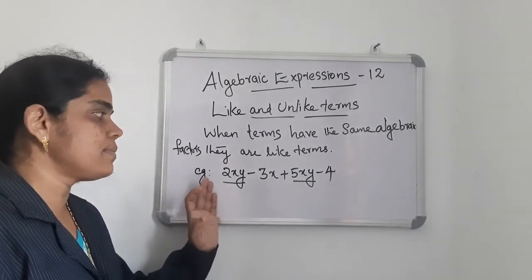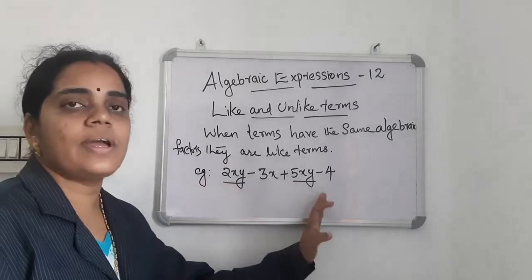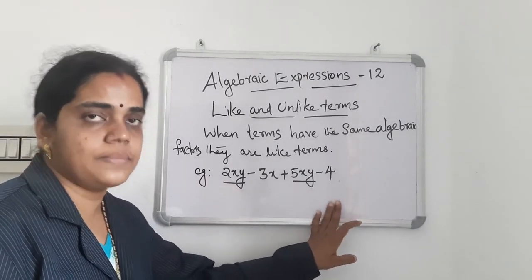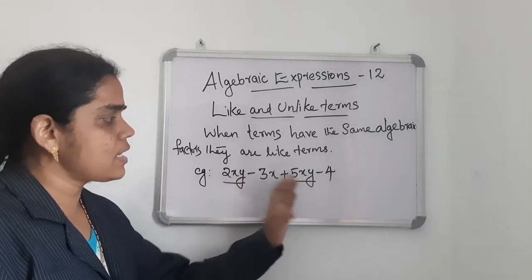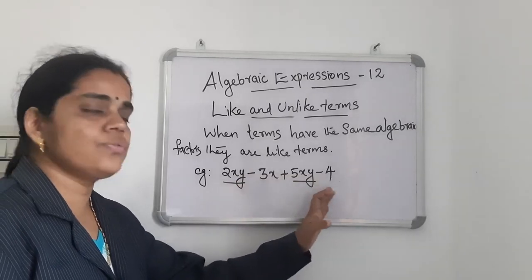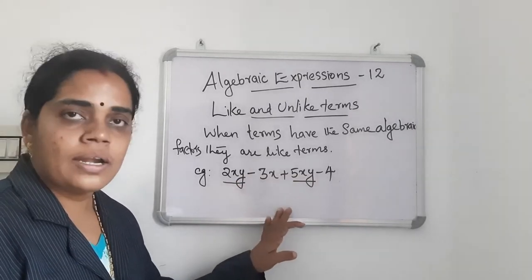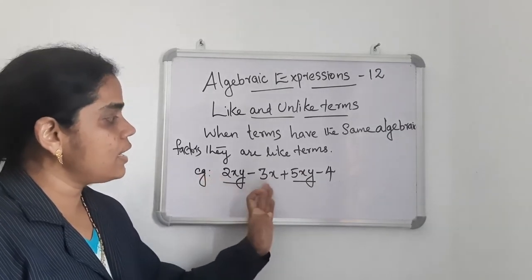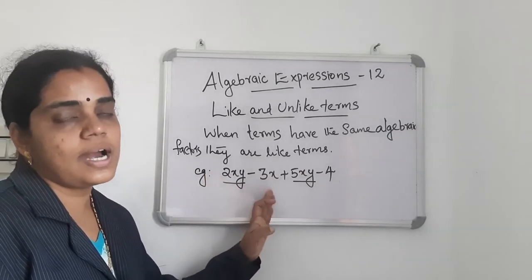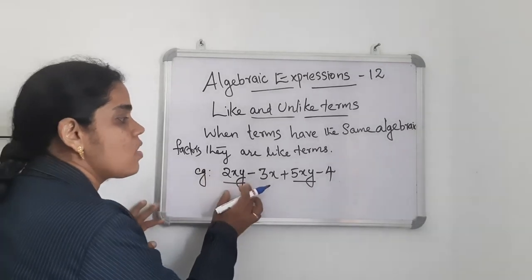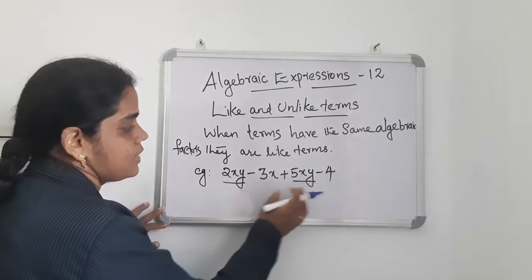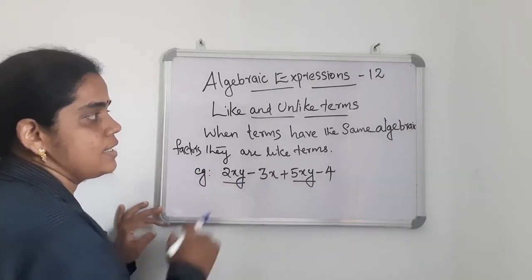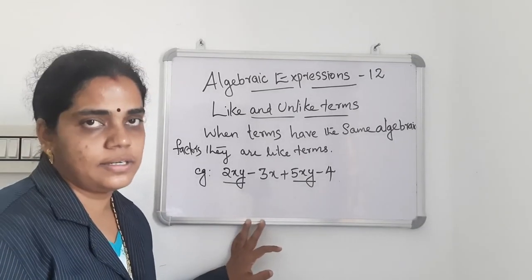In this example, 2xy and 5xy are the like terms, and all other terms, negative 3x and negative 4, are unlike terms. If you consider 2xy and minus 3x, that is also an unlike pair. So if the algebraic factors are the same, then they are known as like terms.